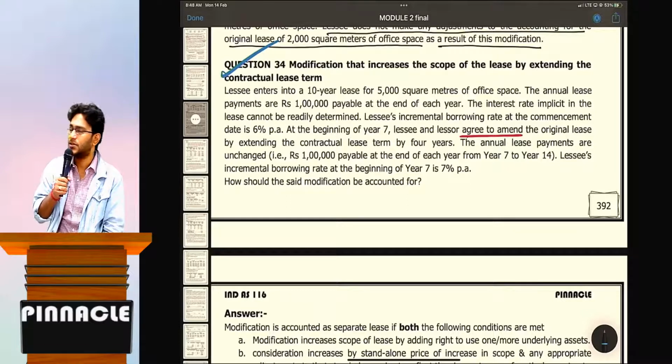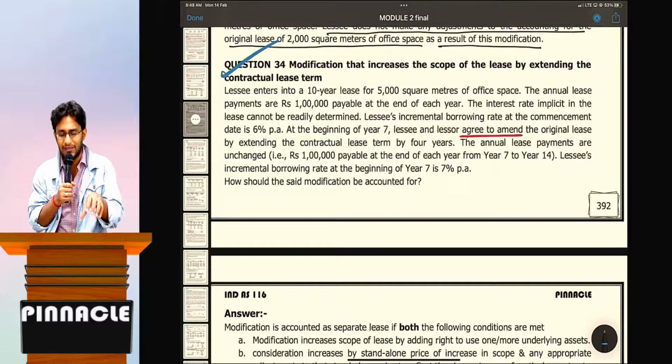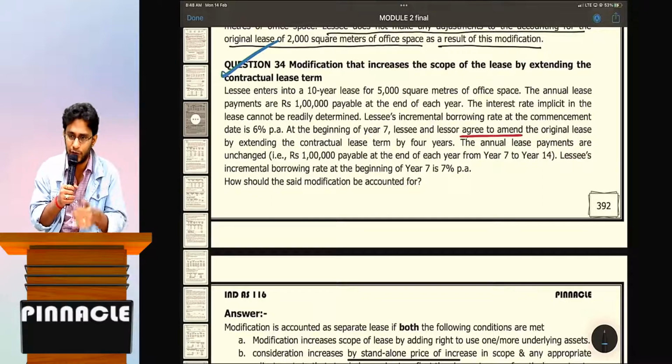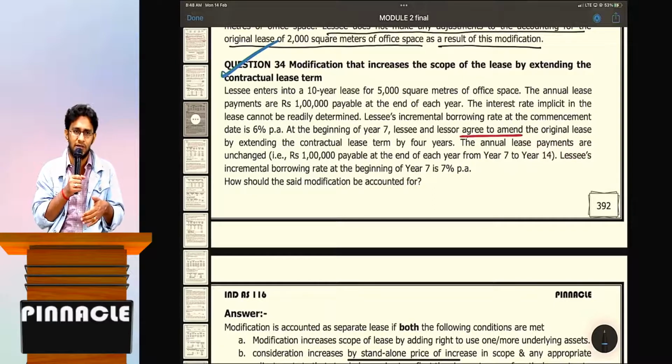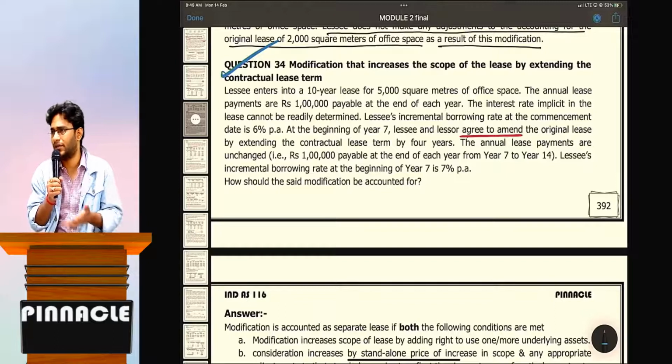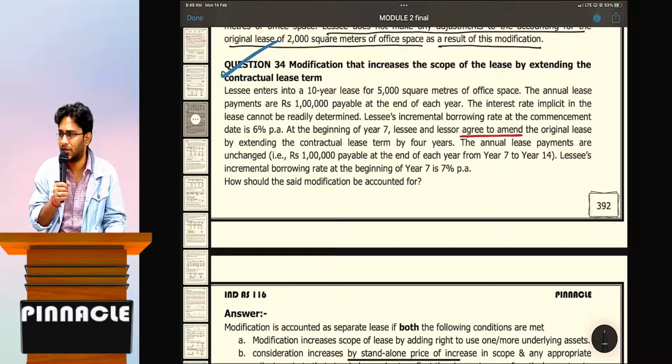So, in the absence of any other information, we can assume that the lease rent for that extended period is not commensurate with the market terms. If you assume that it is commensurate with the market terms, you will not be doing modification accounting. You will be treating that as a separate lease contract altogether, sir.